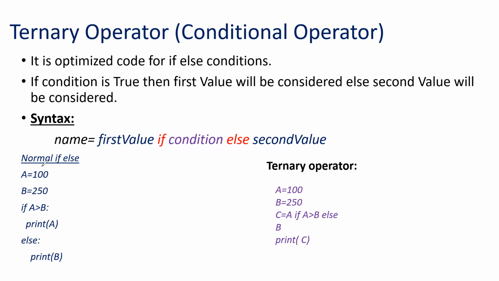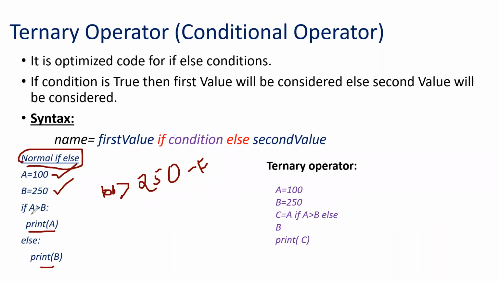For example, this is the normal if-else statement. Simply I am taking A equal to 100, B equal to 250. If A greater than B, then print A, else print B. So 100 is greater than 250? Is it true? No, it is false, because 100 is less than 250.